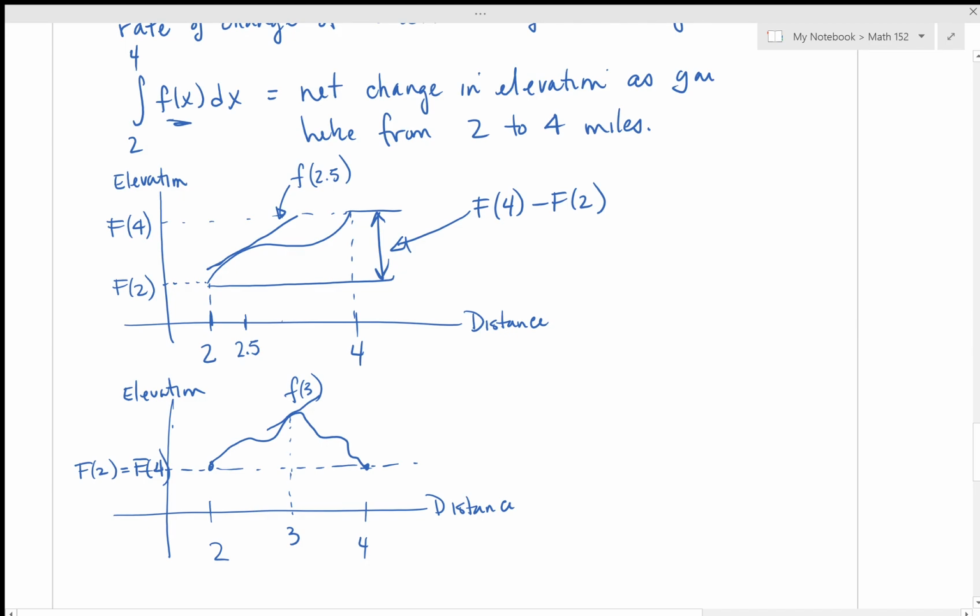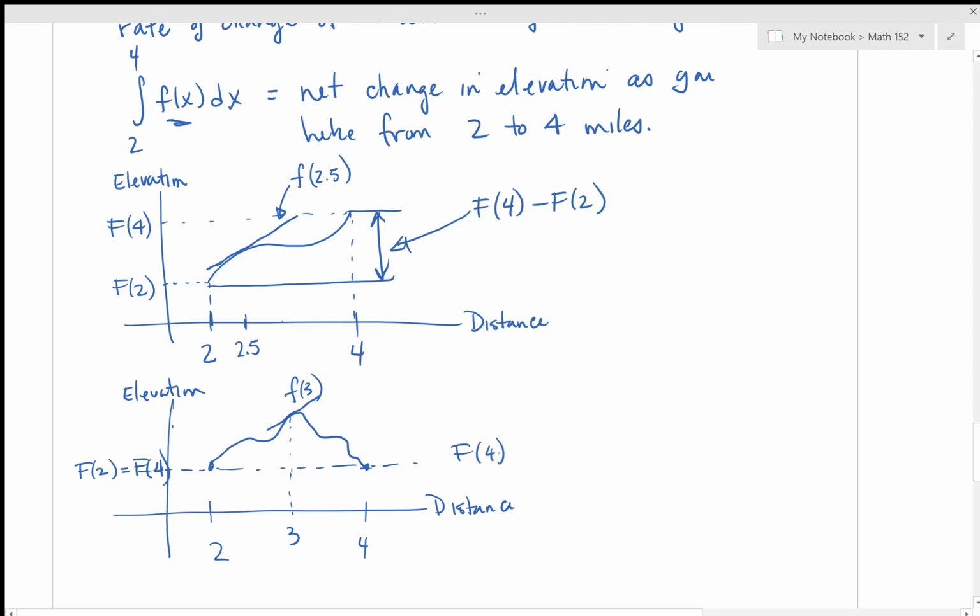So we have the slope information all the way along, and what we're trying to figure out is what is the net change in elevation. In this case, despite the fact that you've gone up and come back down, your net change in elevation is 0.